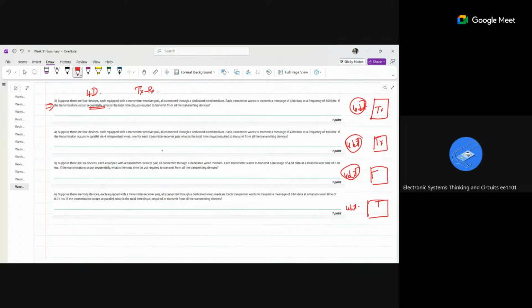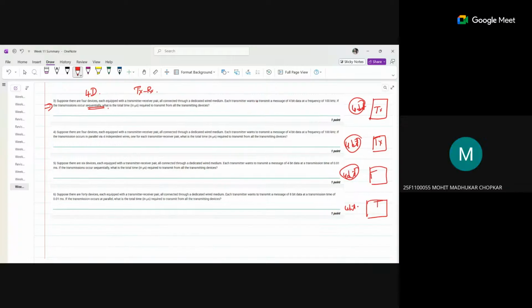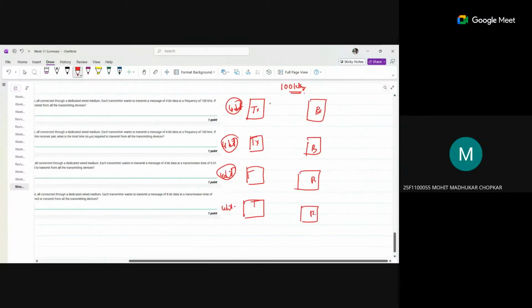Sequentially means that if there are 4 things to happen, first one thing completes, then the next one starts and completes, then the next one starts and completes. So it is a serial communication. It will happen sequence by sequence.